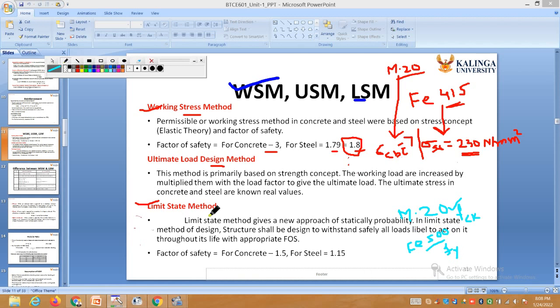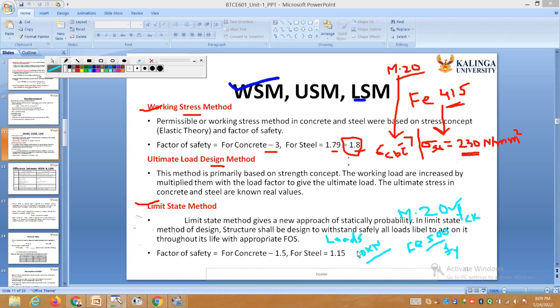But we are applying factor of safety to the loads in the limit state method. Applying factor of safety to the loads means, suppose 10 kilonewton is a load. I am taking this example; in practice such small loads don't exist. So a 10 kilonewton load is acting on a structure.